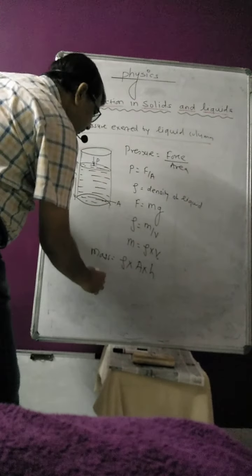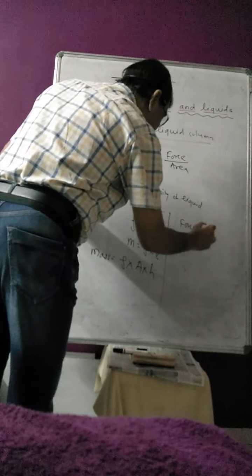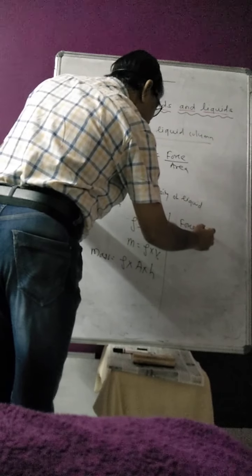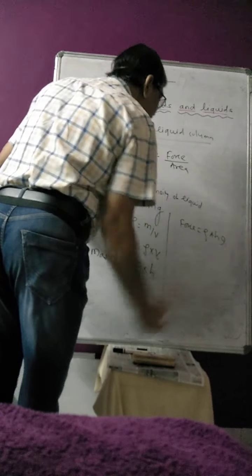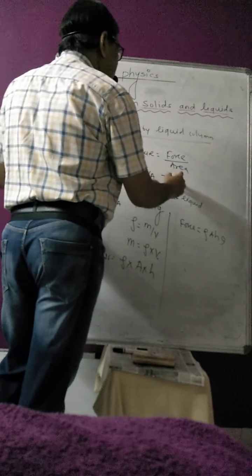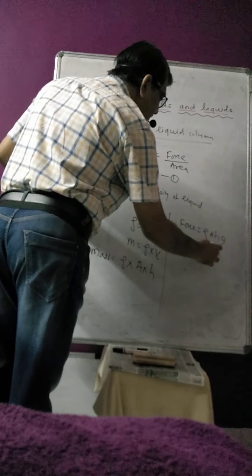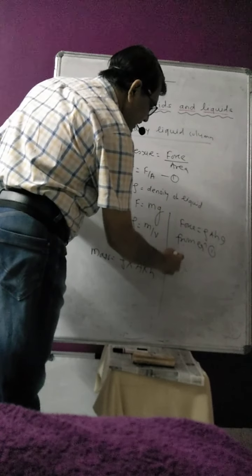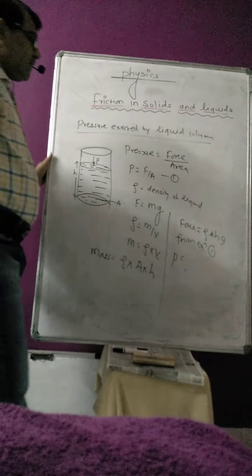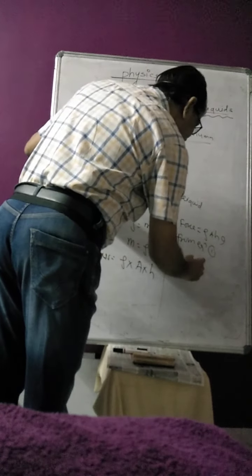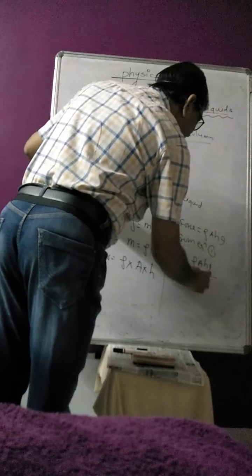So what will be the value of force? Force is equal to mass, which is rho A h, into g. If this is equation number 1, then from equation 1 the pressure exerted by the liquid column on the walls will be force per unit area, that is rho A h g divided by area.